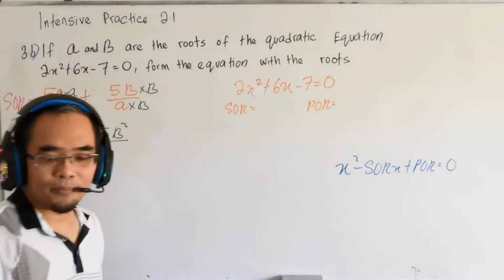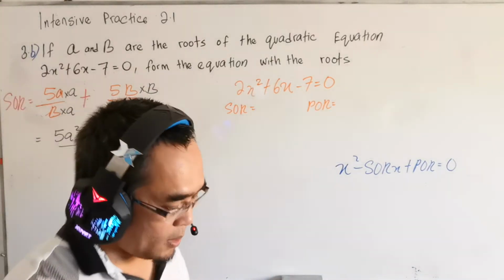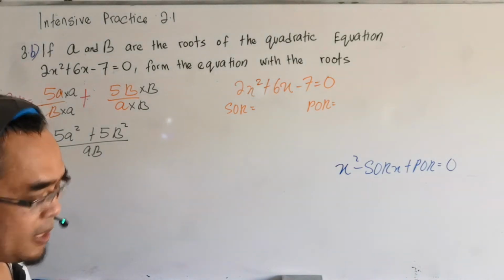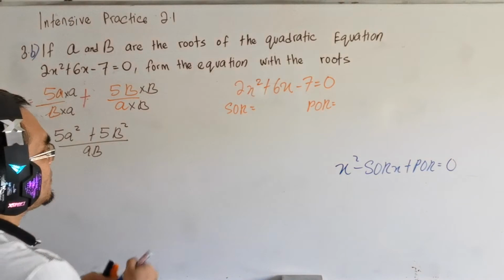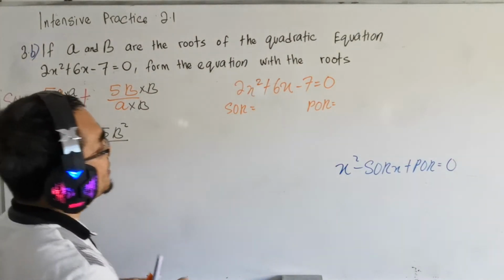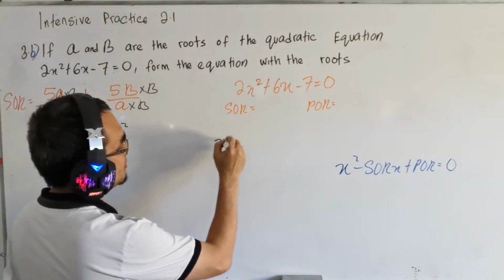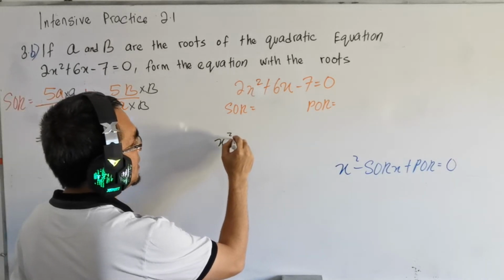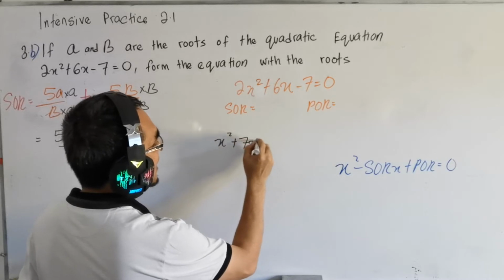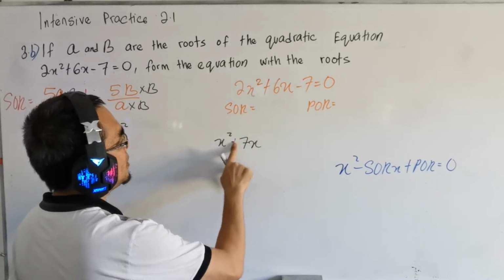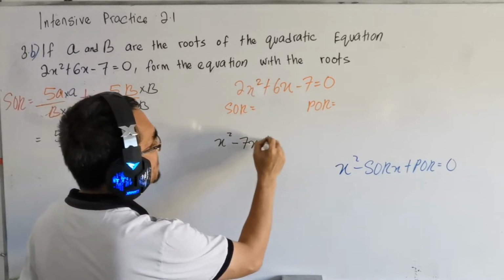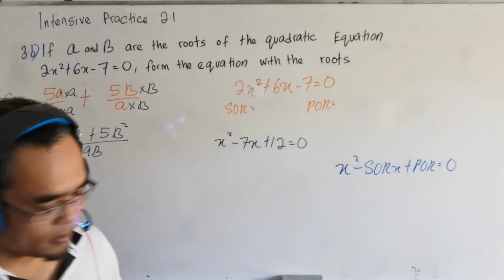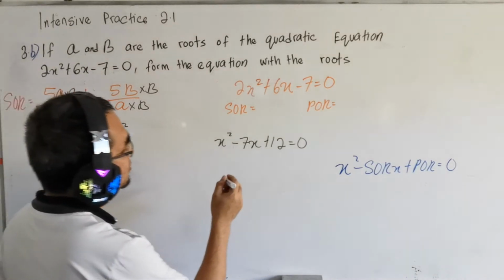Do you remember this? If you don't, let me revise a little bit. If you have the equation x squared minus 7x plus 12 equal to 0, you can find the roots.